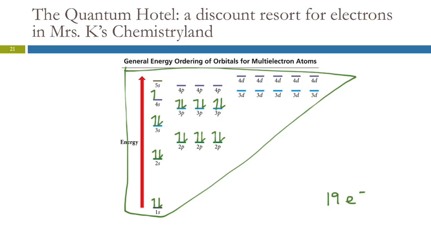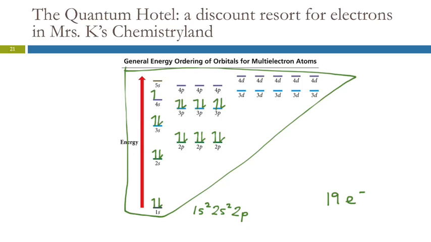So if we're going to write an electron configuration for this, I see that as being like the front desk clerk's little notes, because you need to keep track of where the electrons are so that when somebody else comes in, you don't try to stick them in the same room, right? So this would be 1s has 2 electrons, 2s has 2 electrons.